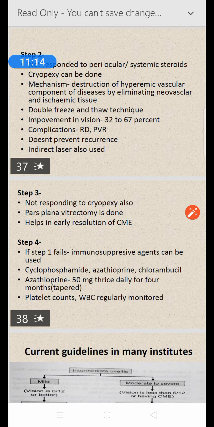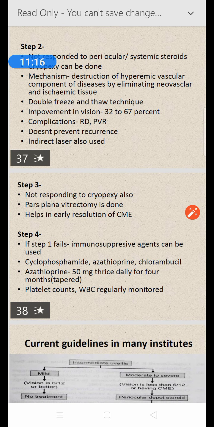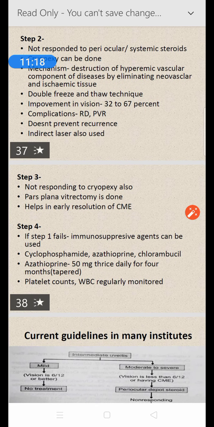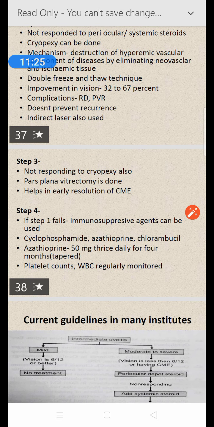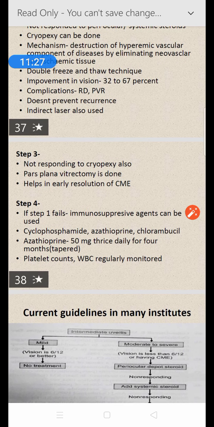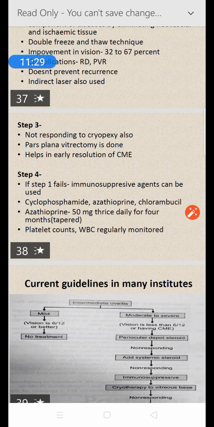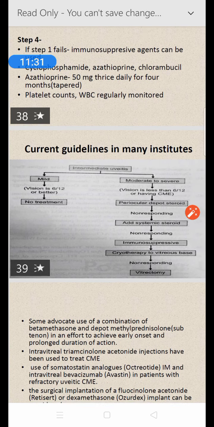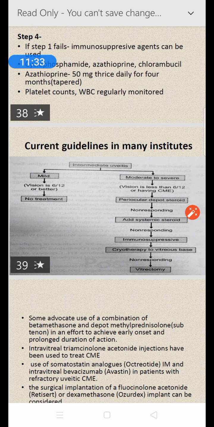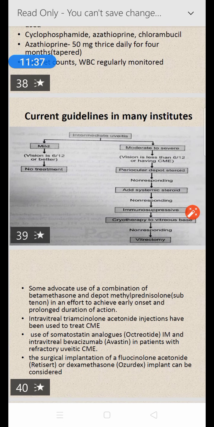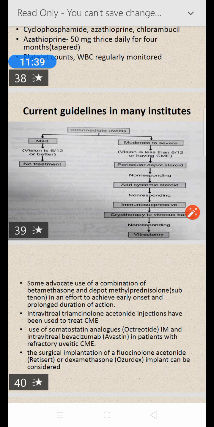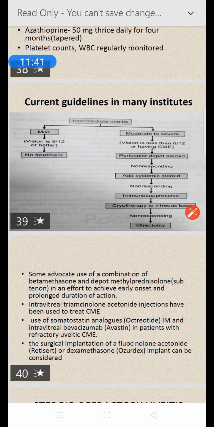If that is not helping, you can switch to step 4, where you can start immunosuppressive agents like cyclophosphamide, azathioprine, chlorambucil, which help in treating the complicated, associated intermediate uveitis. The current guidelines in many institutions follow this.